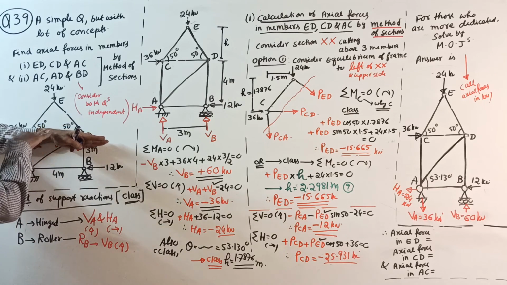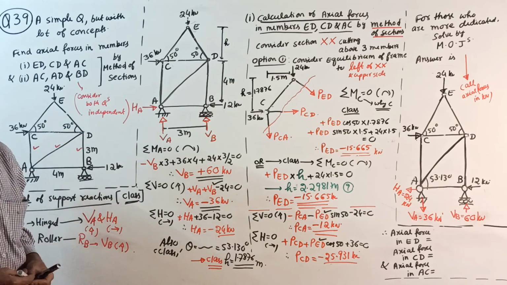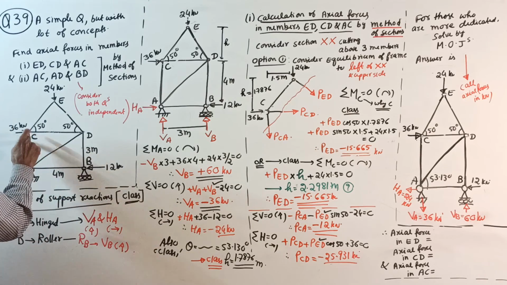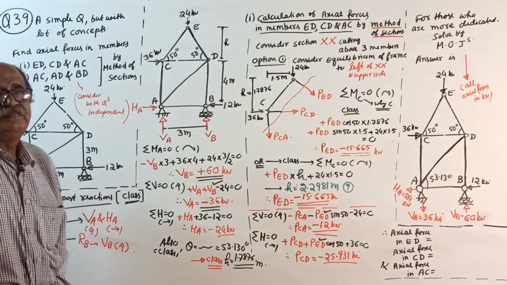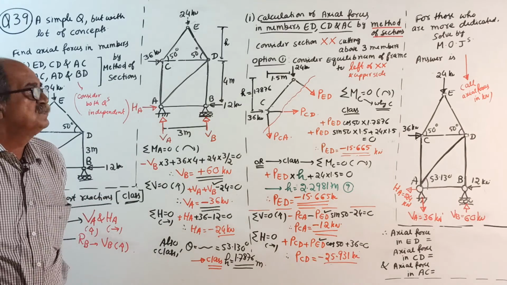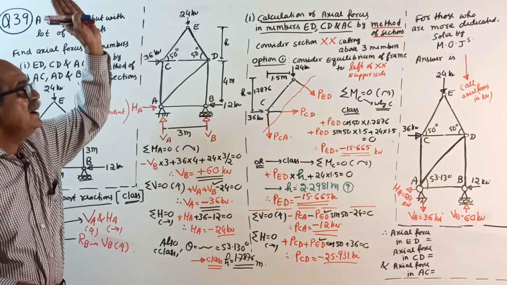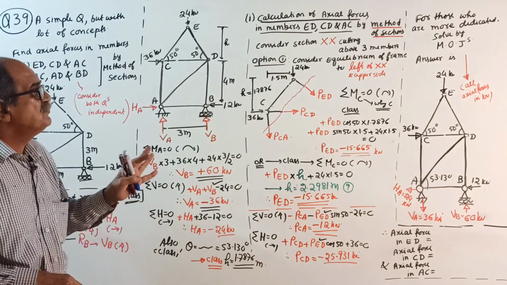But if you look the lower side, support reactions are required. Anyway, in the class I am finding support reactions, because I am solving both options. Once that side, once this side. Both I am solving.